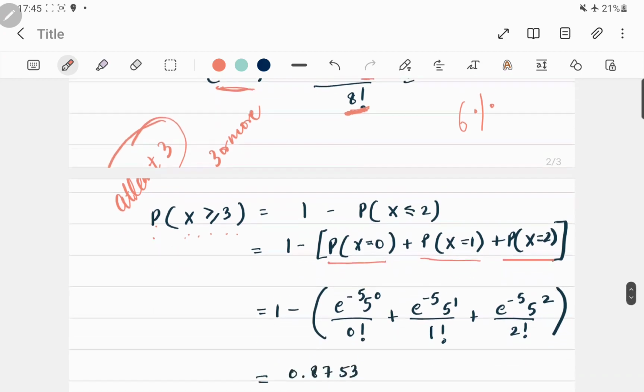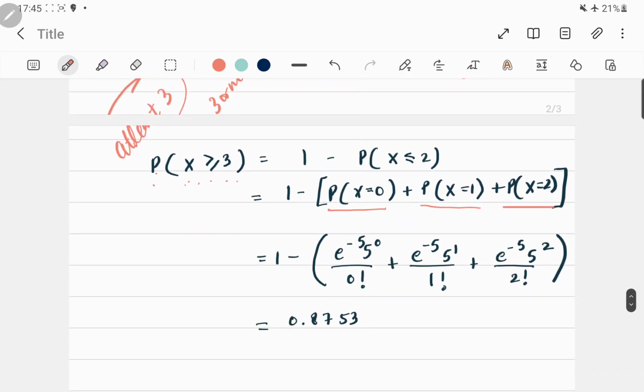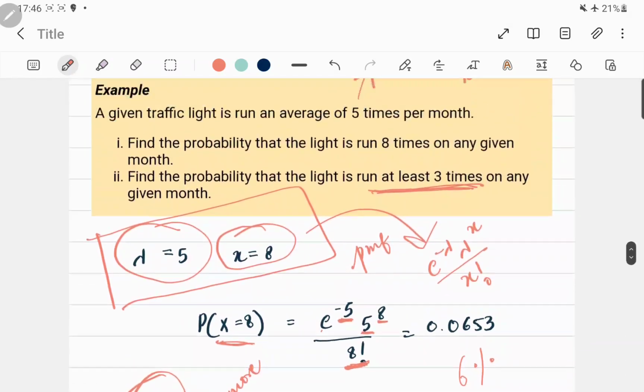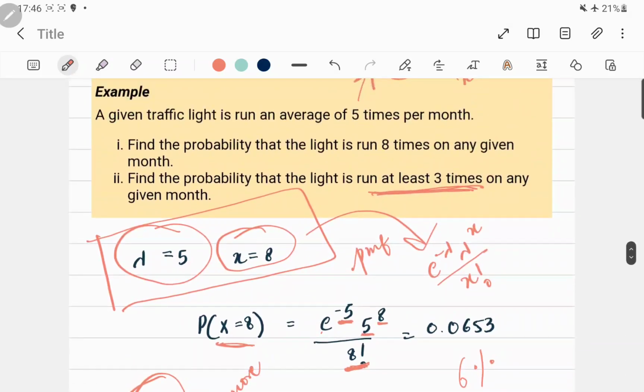Okay, so this is what we use, and when we put in the values of these, we finally get our answer. So this is the probability 0.87, which says that there is an 87% chance that the light is run at least 3 times in any given month.